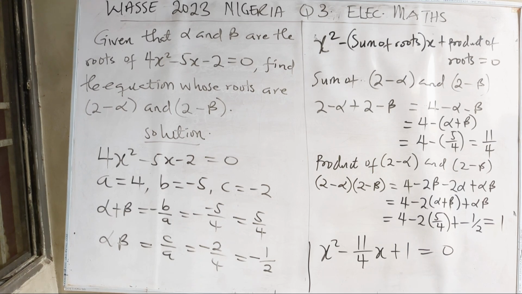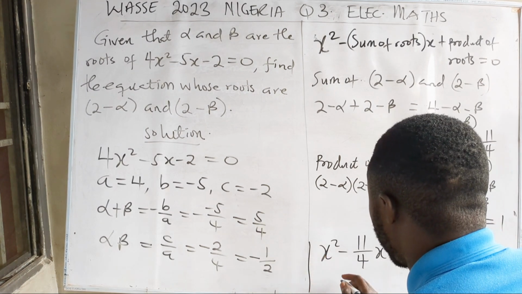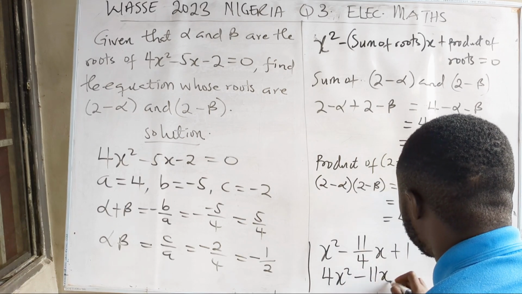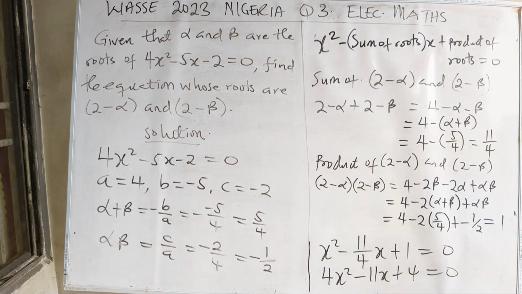But we can get rid of the denominator so that the equation can be written in a nice way. So let's multiply by 4, so that I have 4x squared minus 11x plus 4 equal to 0.